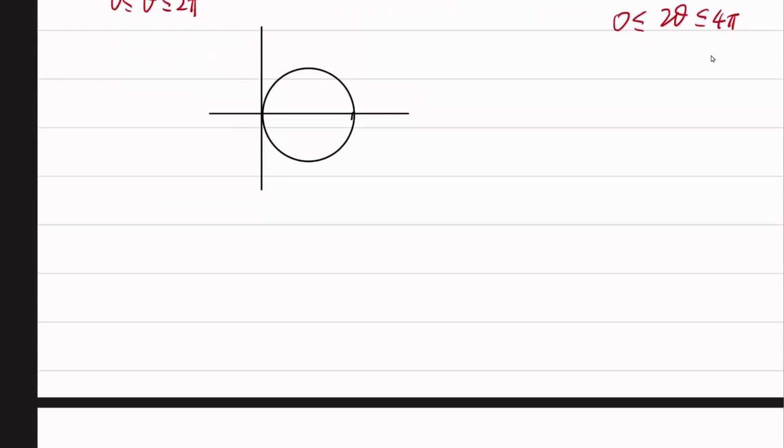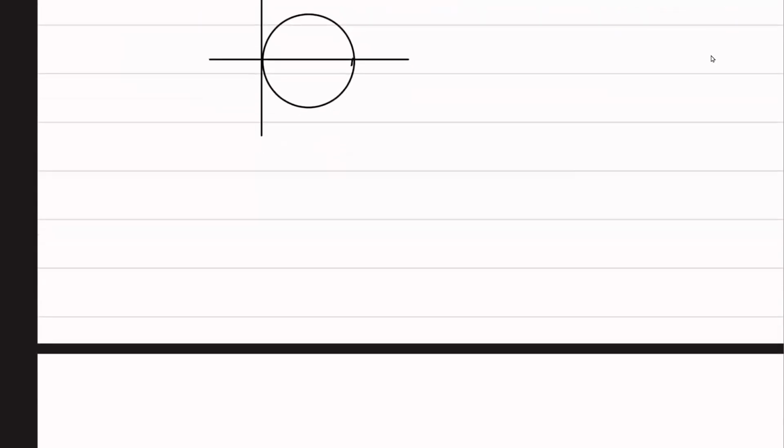See another one. r is 1 plus sine theta. Okay, so again, you have drawn this before. How to draw this one? Okay, steps. Maybe what would you do first? Very nice. Okay, so you know what it looks like.